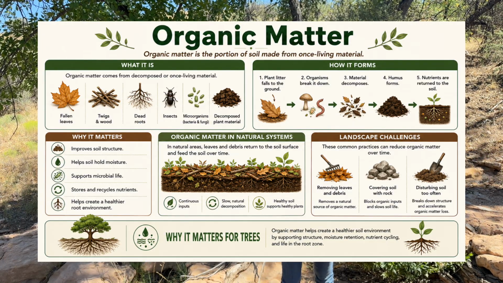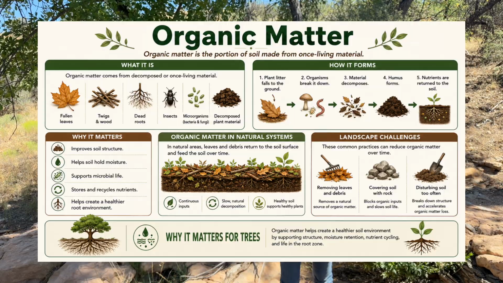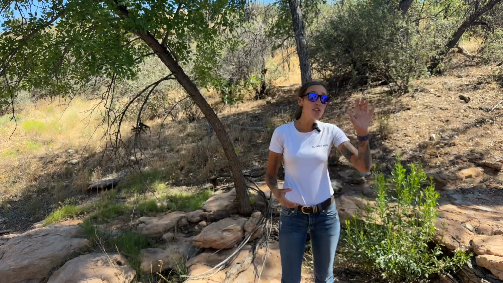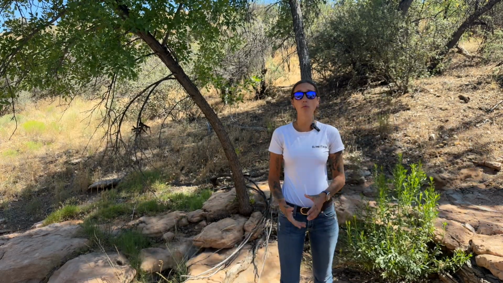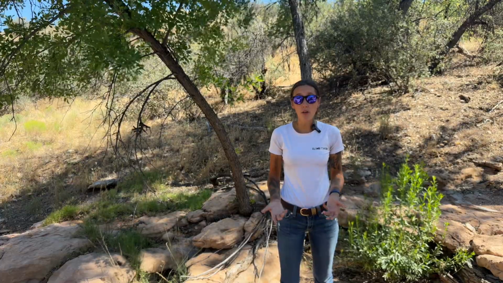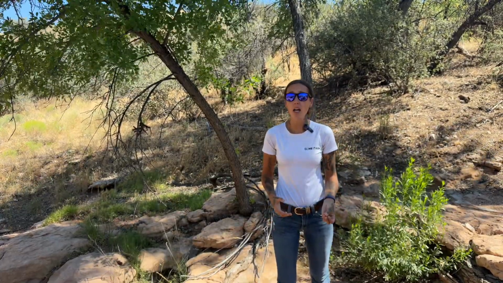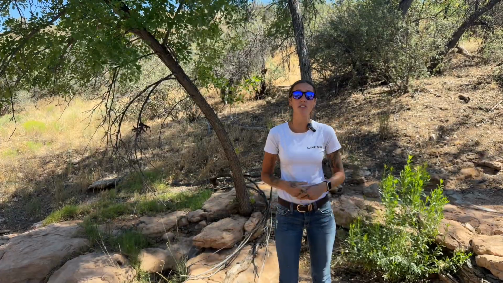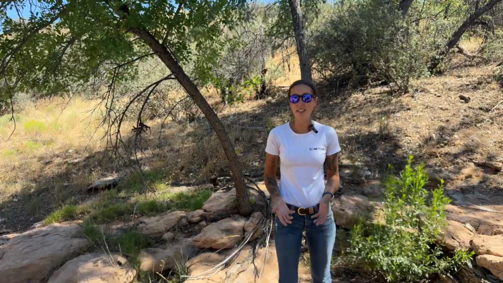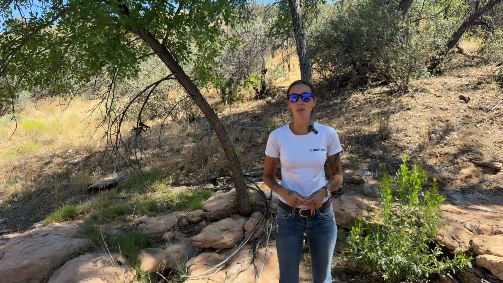In a natural setting, organic material is constantly being returned to the soil. Leaves fall, twigs break down, roots grow and die. Microorganisms and fungi help decompose that material. Over time, that process feeds the soil system. In maintained landscapes, that cycle is often interrupted.